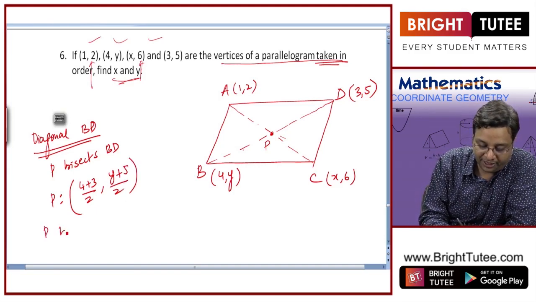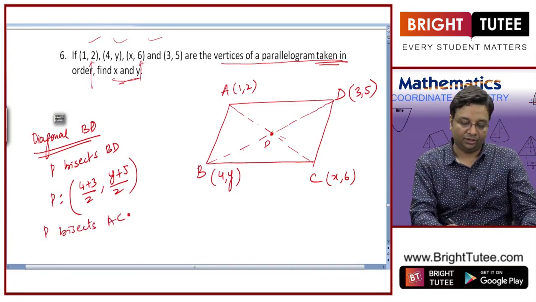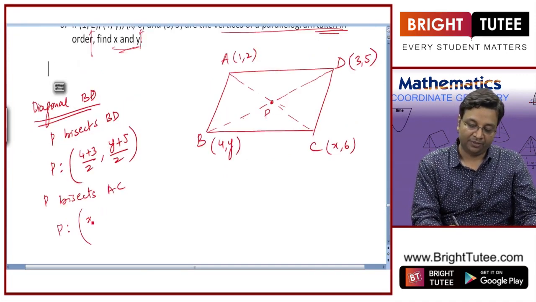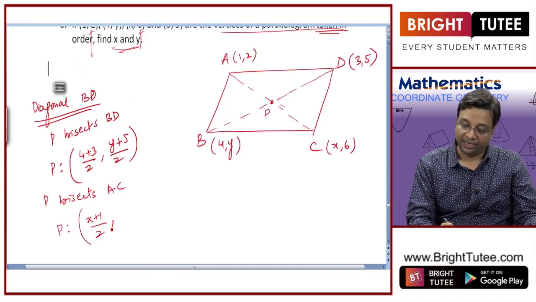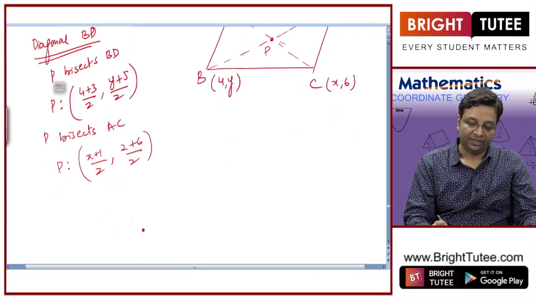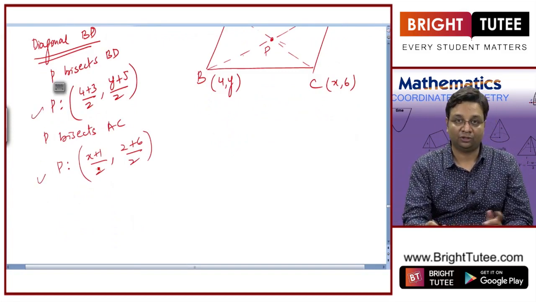And P also bisects AC, right? So coordinates of P are (x plus 1)/2 and (2 plus 6)/2, right? So now this is the same point P, hence the coordinates will also be equal.